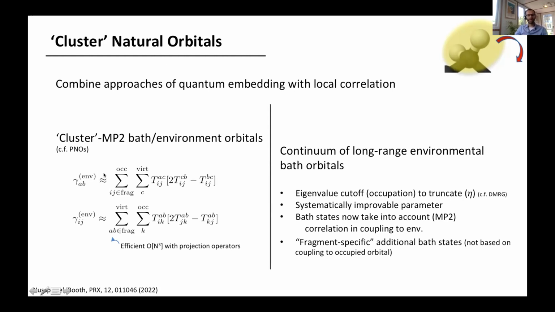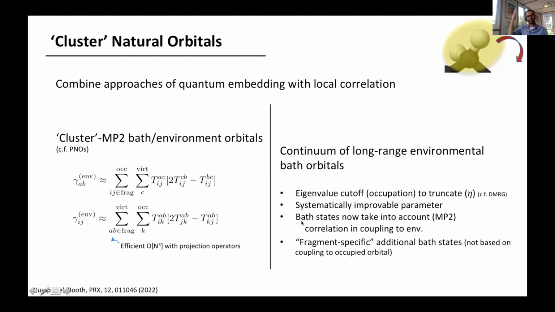If we diagonalize these environmental density matrices at an approximate MP2 level that only describes the fluctuations from our fragment of interest into the environment, we end up with a continuum of long-range environmental bath orbitals, where the eigenvalue describes how important these states are to describe the fragment at the level of MP2.